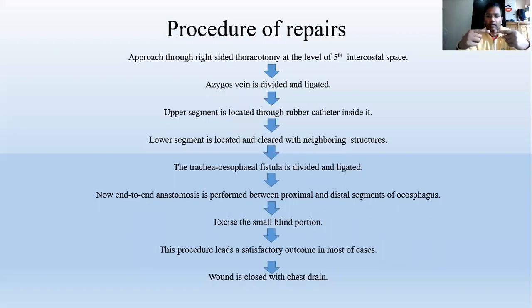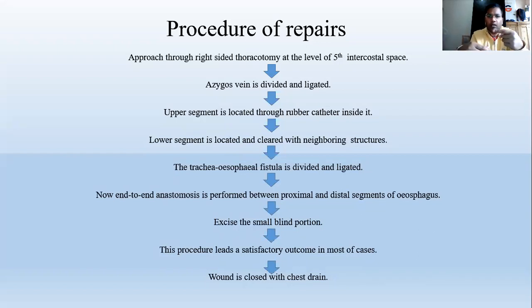End-to-end anastomosis means we cut both ends, the blind ends of the proximal and distal segments, and then we join them like this. This is called end-to-end anastomosis. Then end-to-side anastomosis is usually done with the duodenum and ileum.